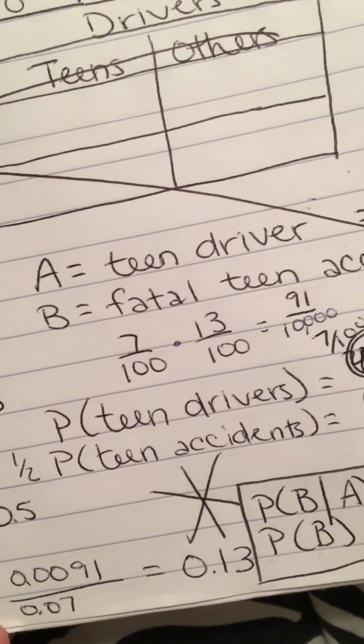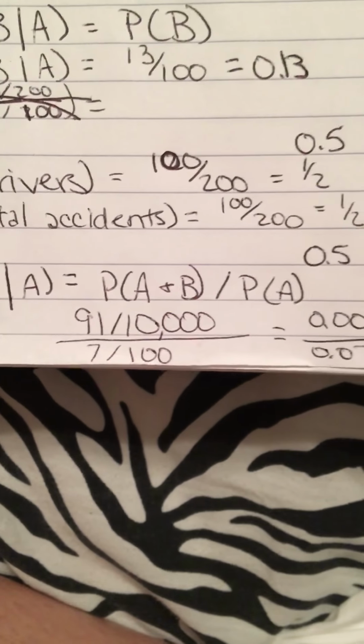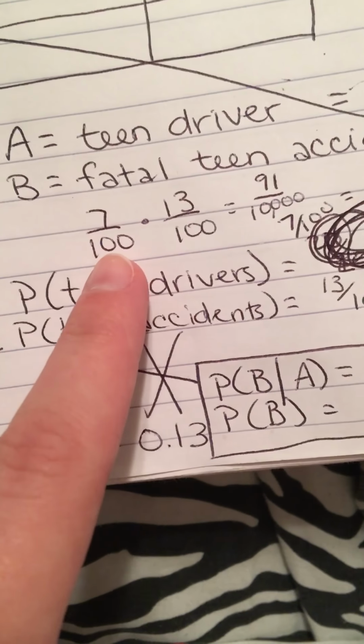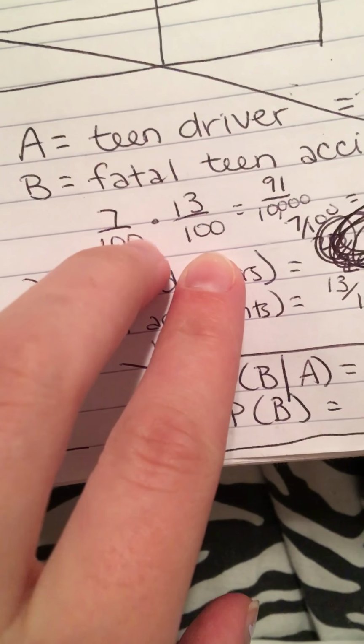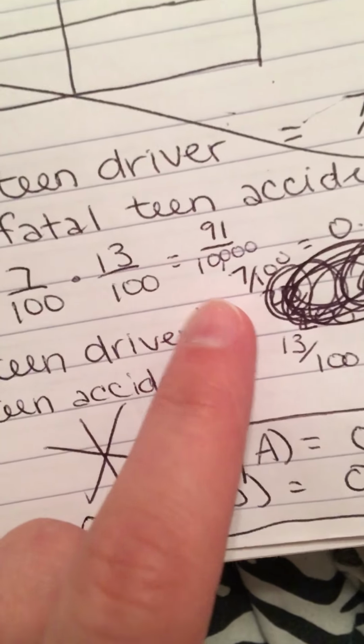So A was the teen drivers, 7 out of 100. B was the teenage accidents, 13 out of 100. So then multiply A and B. 7 over 100 times 13 over 100 gives you 91 over 10,000.